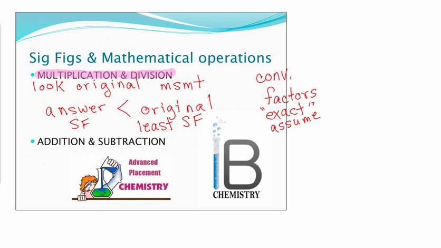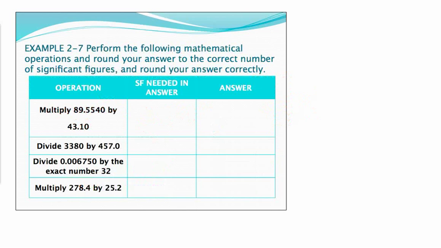Now, the rule for addition and subtraction is subtly different, and you're going to wait until you have that opportunity to take AP or IB chemistry in your junior or your senior year. So we're going to ignore that rule for now just to get you used to the concept of thinking through significant figures. So let's go on to our next slide and try some examples.